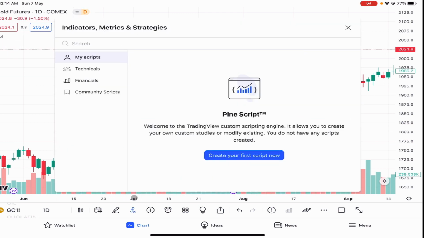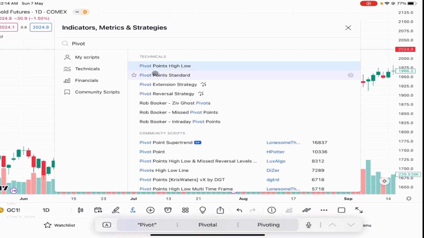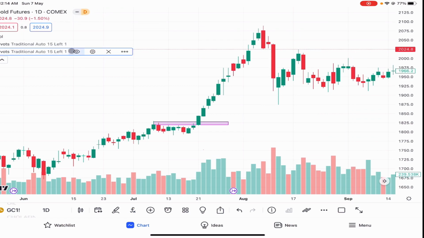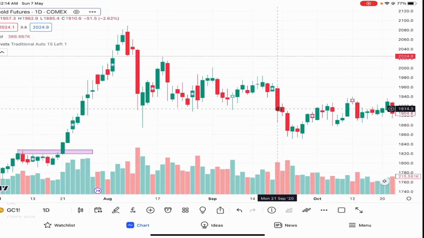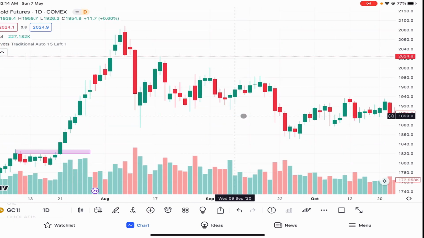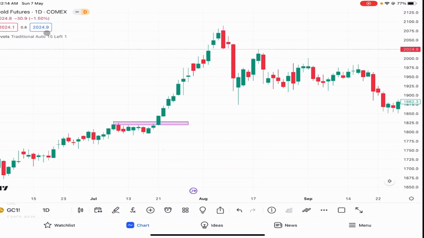Why aren't my pivot points coming? Let me just, okay. I'm not able to put the pivot points. I don't know why. Maybe I have to remove my volumes.